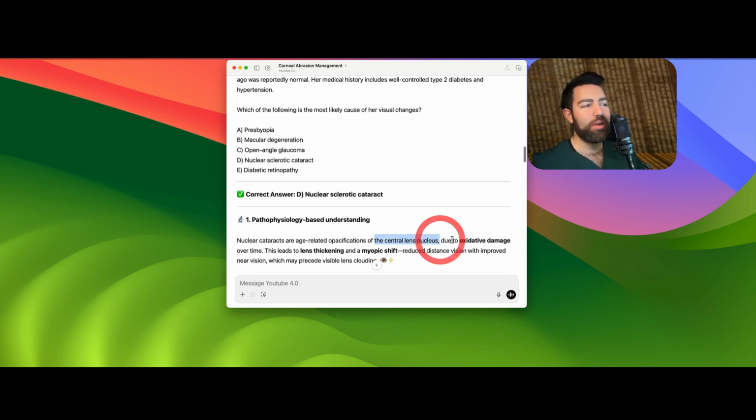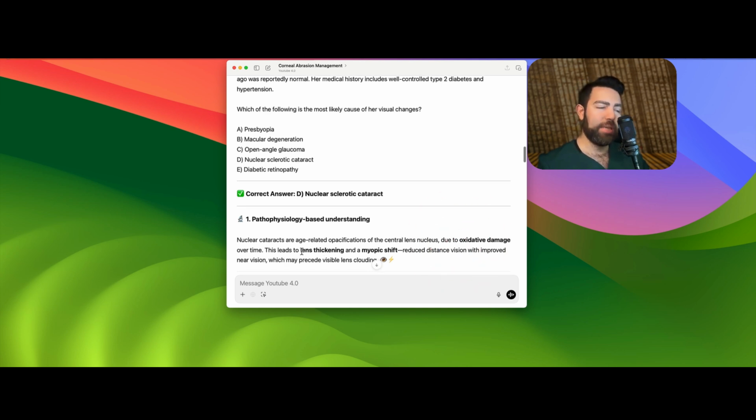This leads to thickening of the lens, which causes a myopic shift, basically reduced distance vision with improved near vision. So this is a very, very characteristic finding. You need to remember reduced distance vision and improved near vision, which may precede visible lens clouding.